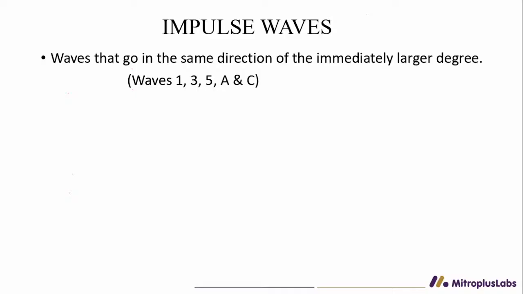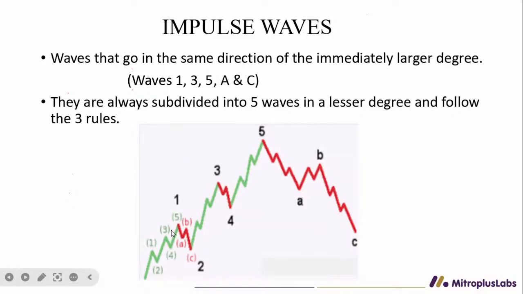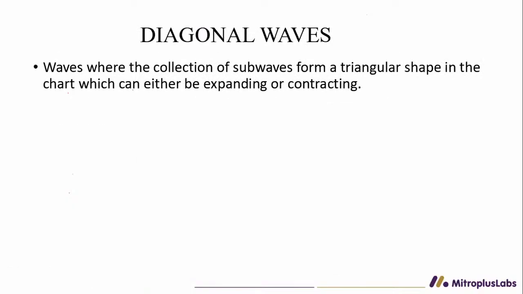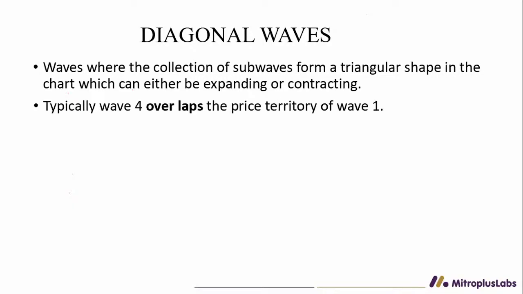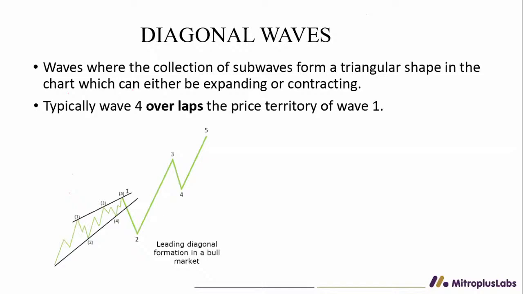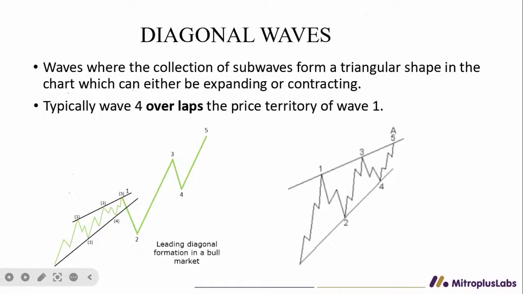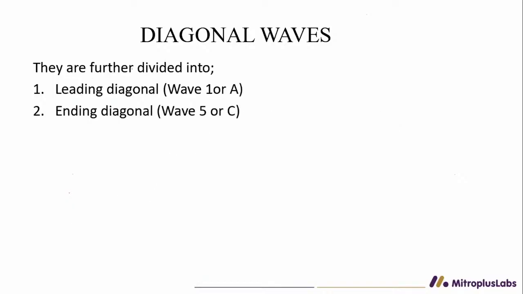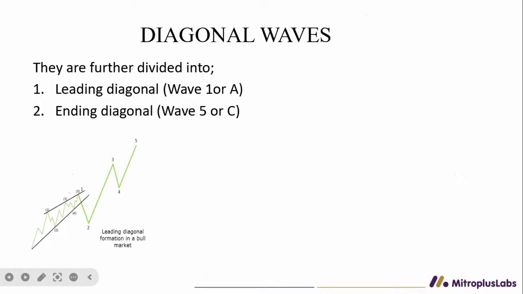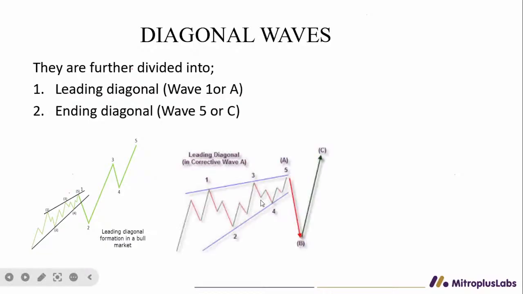Then if you're in a correction, the impulse wave is going to be the wave A, and the other corrective wave B, and wave C. When you try to remove one characteristic of a diagonal wave, you notice that it ends up showing as an impulse.